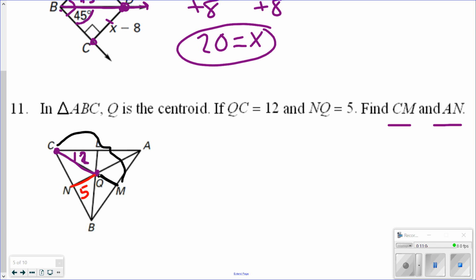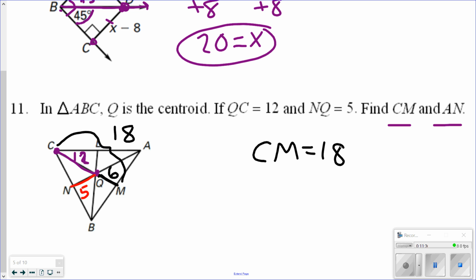So to find the length of QM, I just need to divide CQ by 2. So 12 divided by 2 is 6. So what is the entire length then? Well, 12 plus 6 is 18. So CM is equal to 18.